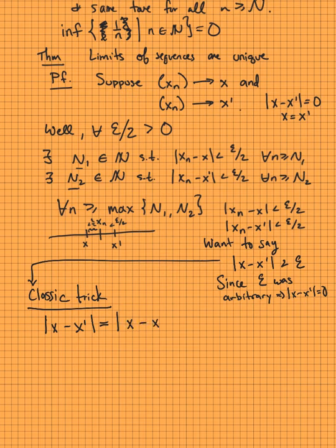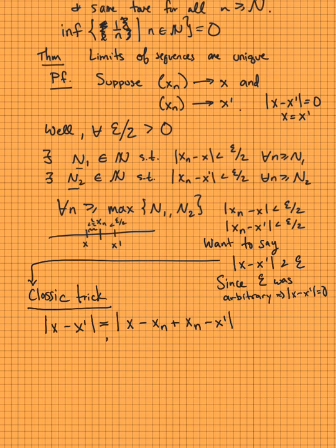So you have x minus xn plus xn minus x prime. You just add a 0, in terms of minus xn plus xn.